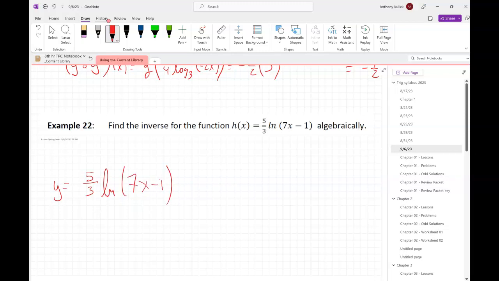So to get the x by itself, I'm going to start by multiplying both sides by 3/5 to get the logarithm by itself.